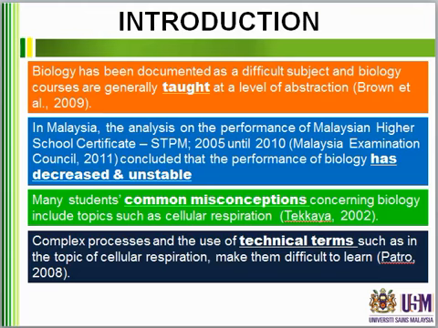Also, many students have common misconceptions concerning biology topics, including cellular respiration. So that's why we are concentrating on cellular respiration as our topic. The complex processes and the use of technical terms in cellular respiration make it difficult to learn. So how do we try to solve this?